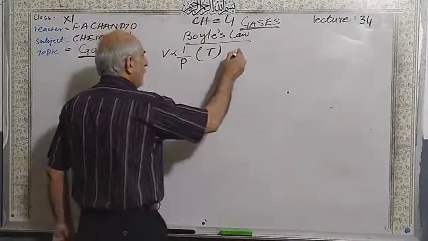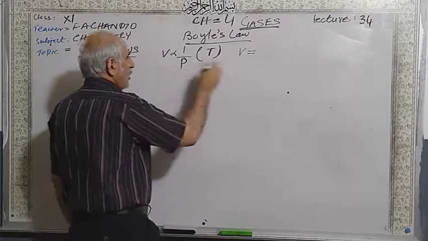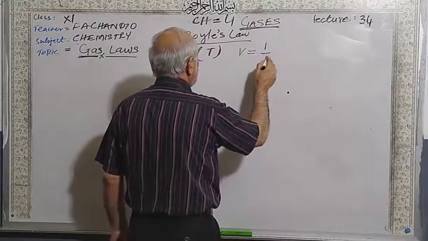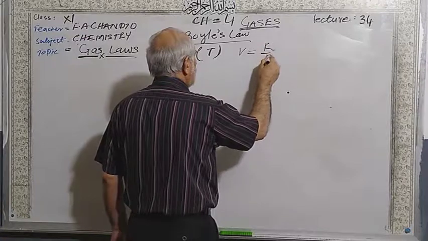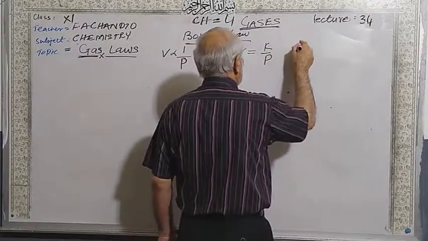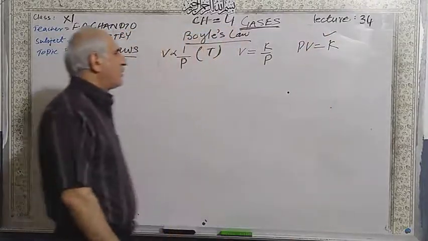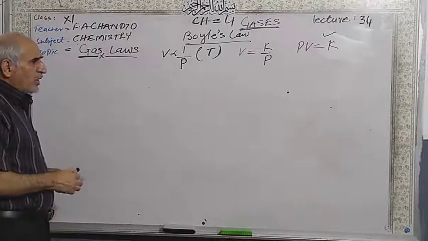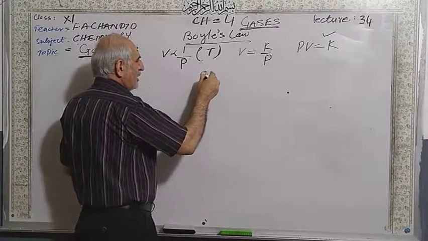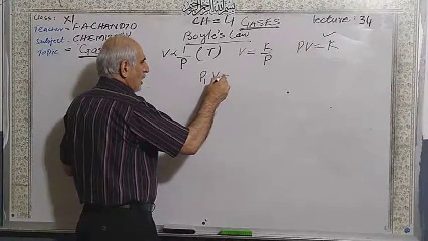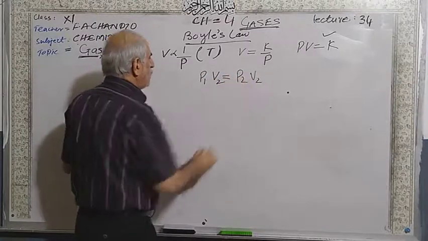So V is equal to 1 over P, that is P to the power minus 1, or PV is equal to constant. This is an initial pressure, this is an initial volume. After changing the pressure, this will be P2 and V2.